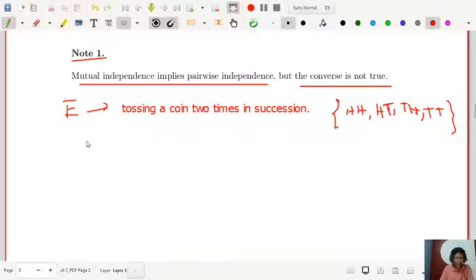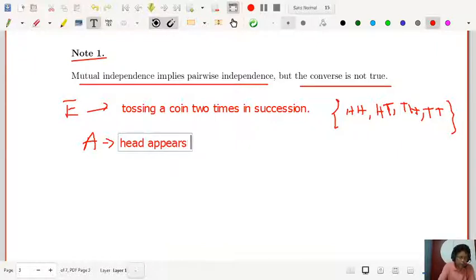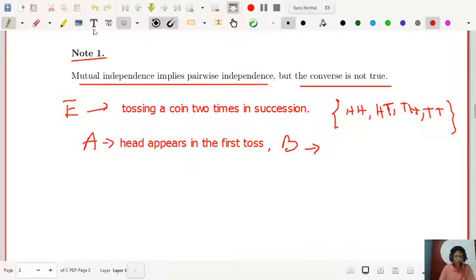Now let A, B, C be the events. Let A be the event that head appears in the first toss. Let B be the event that head appears in the second toss.